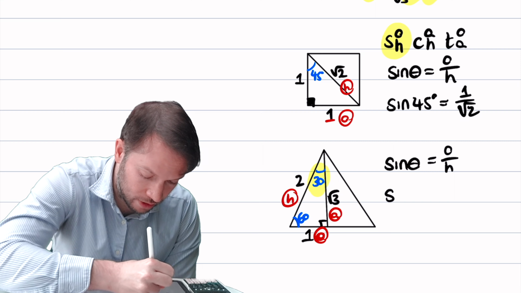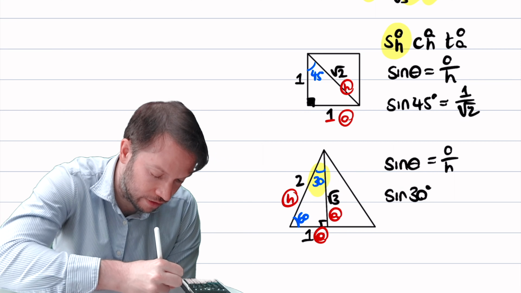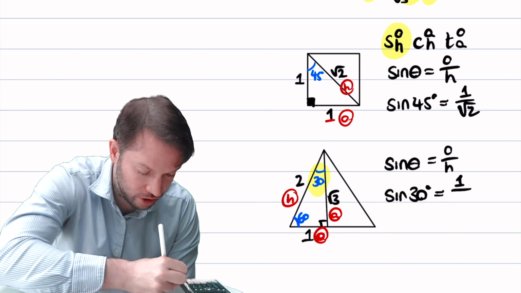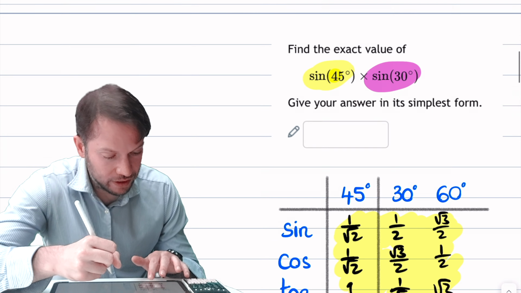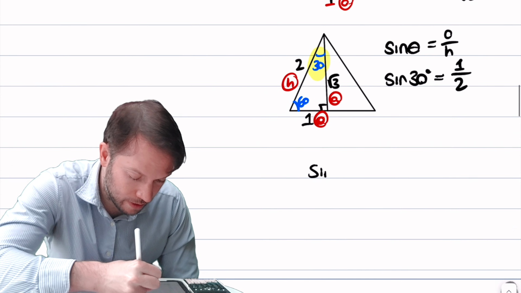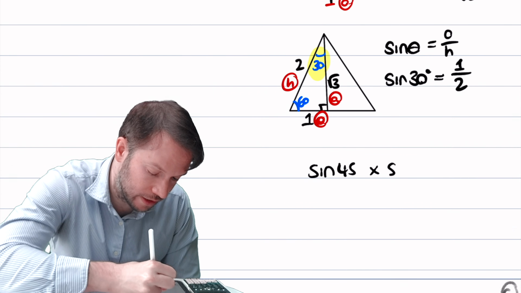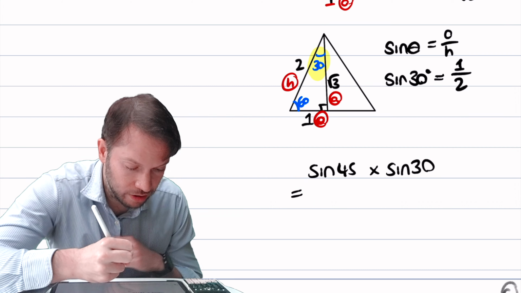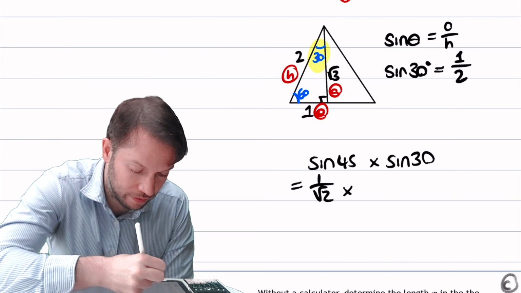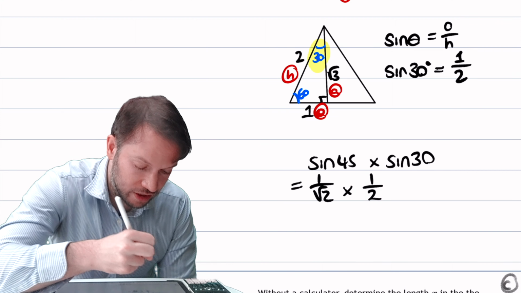So we got sine of the 30 degree angle of interest is the O, which is the 1, over the H, which is 2. So, okay, we've got these values now. So this is equal to, if I just copy it down here, sine of 45 times sine of 30 is equal to sine of 45, which is 1 over root 2, multiplied by sine 30, which is 1 over 2.